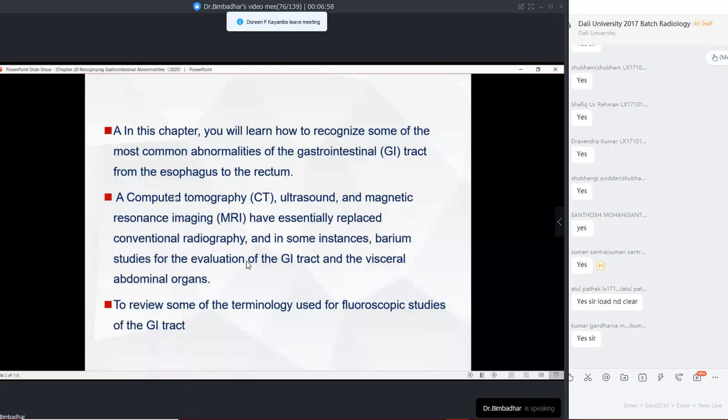We will be learning about the different modalities like computed tomography, ultrasound, and magnetic resonance imaging, which have eventually replaced conventional radiography. But we know as a fact that CT, MRI, and ultrasound have sometimes proven to be very superior for most diseases.